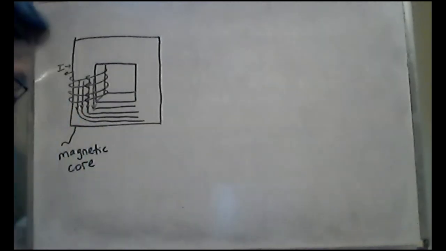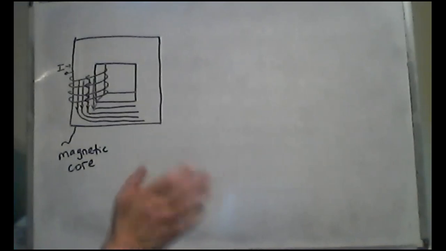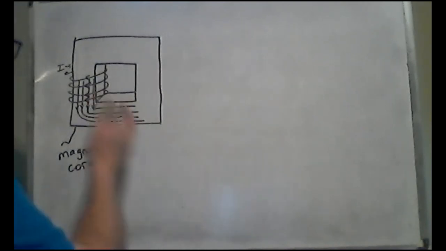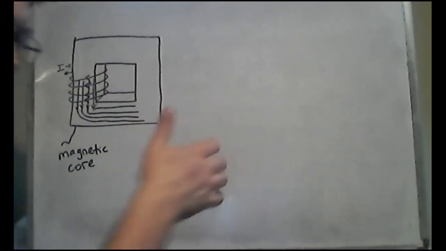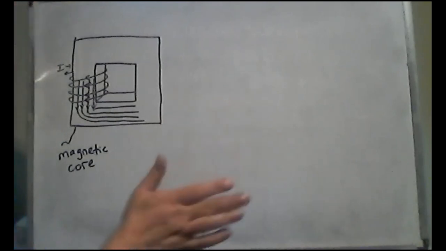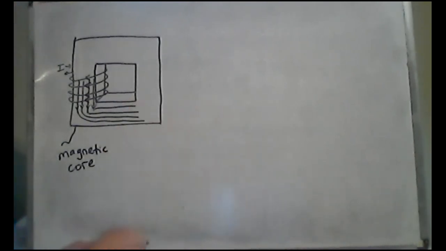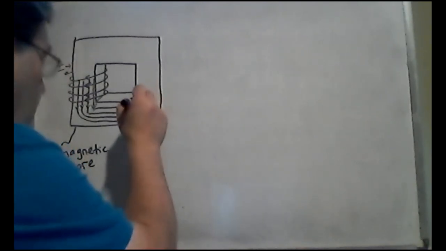On the other side, the magnetic field is going to come around, and it's going to drive current to go, I guess, counterclockwise around the core on the other side. So again, I'll see current coming around.